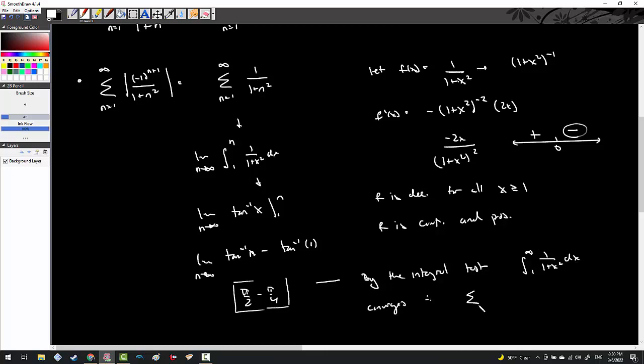And therefore, I'll just say the summation from n equals 1 to infinity of the absolute valued version, so that would just be 1 over 1 plus n squared, also converges. Now, from here, an additional summary is going to need to be made.